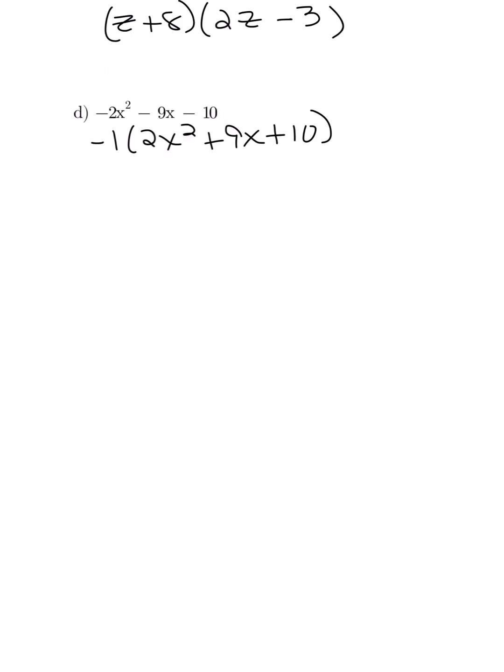When we do our AC method, we do it on what's inside the parentheses. We're going to take 2 times 10 and get 20. What multiplies to equal 20 and would add or subtract to equal 9? That would be 5x and 4x.